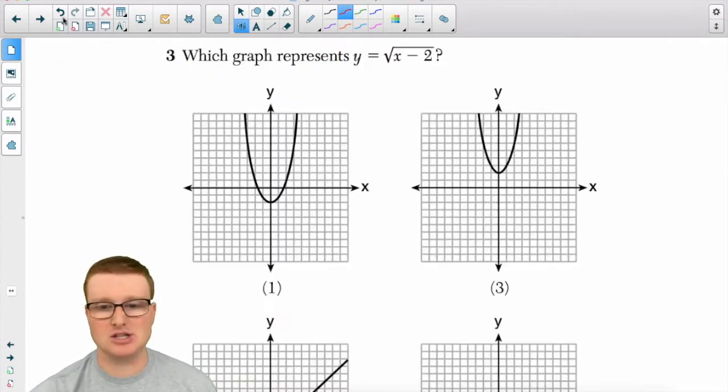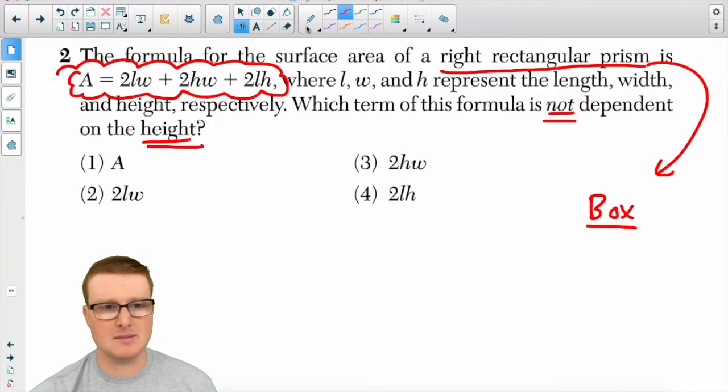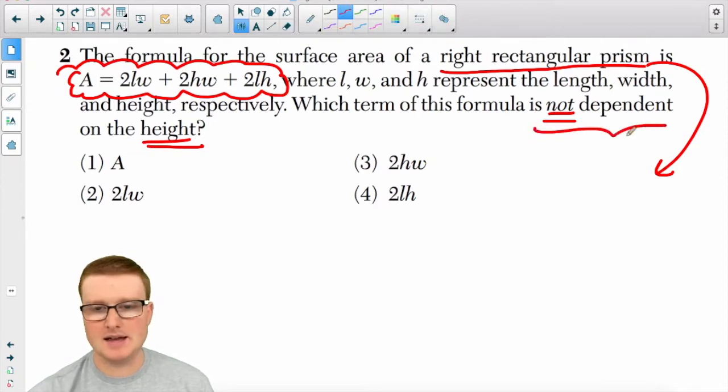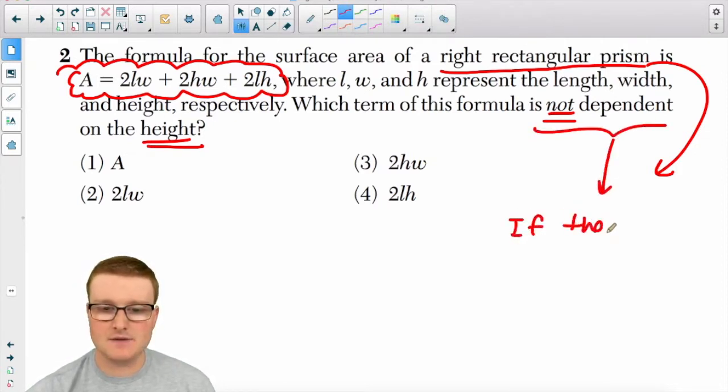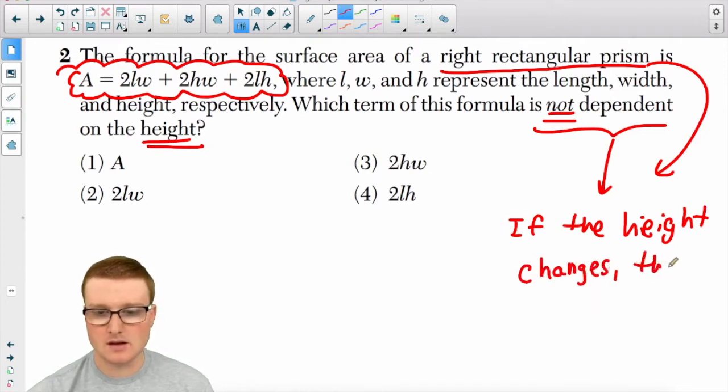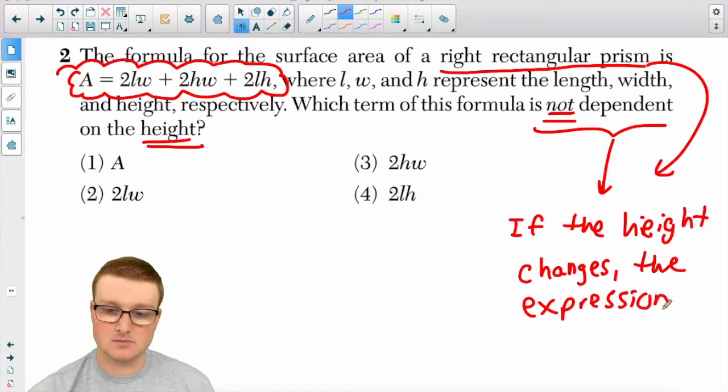So let me explain what that means to you. Not dependent on the height means if the height changes, the expression has no effect.